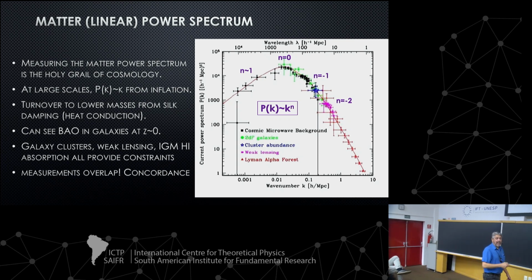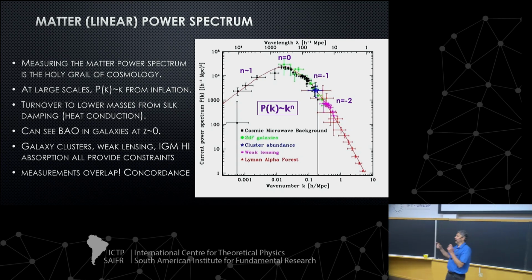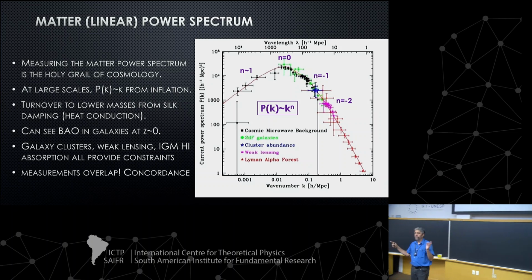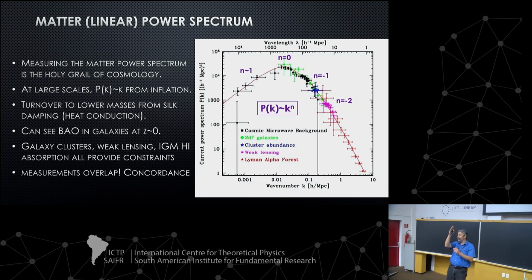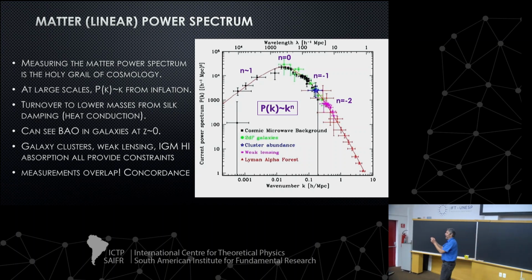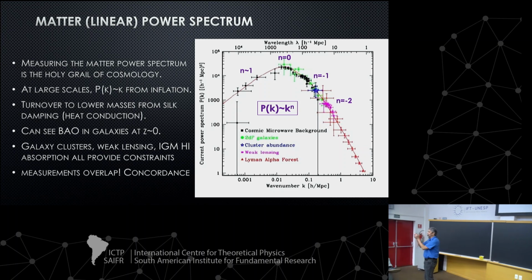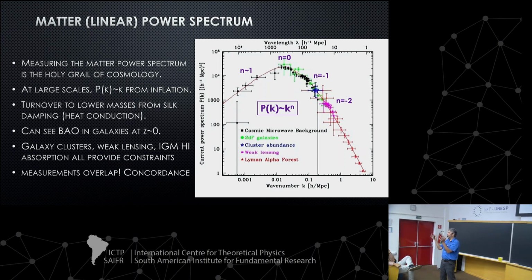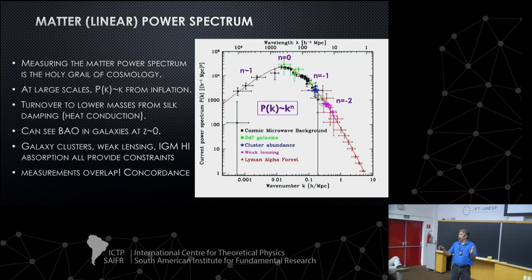As you go to smaller scales, effectively higher L's, remember in your CMB power spectrum the power was dropping as you go to higher L. That comes from something called Silk damping. Silk damping is just the fact that photons in the early universe can diffuse and wipe out fluctuations. So the smaller the scale you go, the more your fluctuations are wiped out.